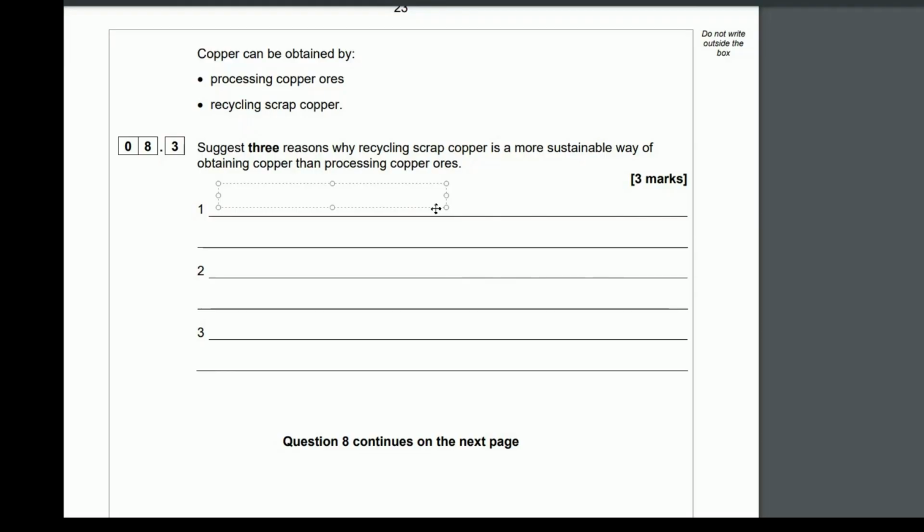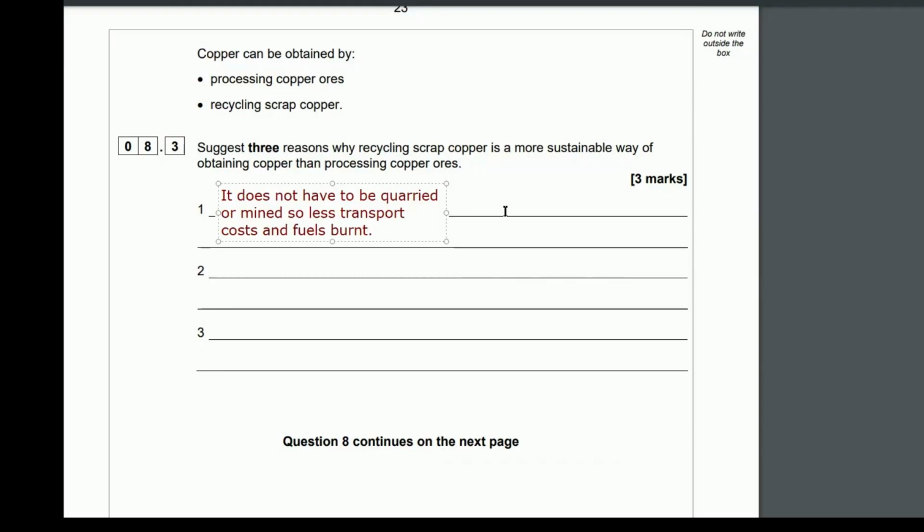Aha. So it does not have to be quarried or mined. So less transport costs and fuels burnt.